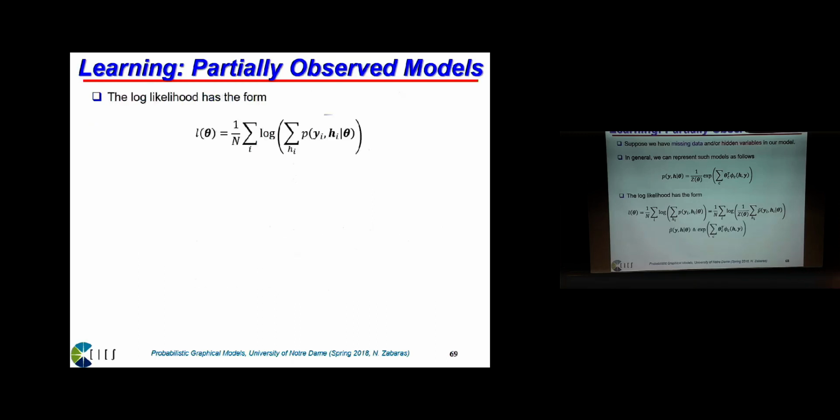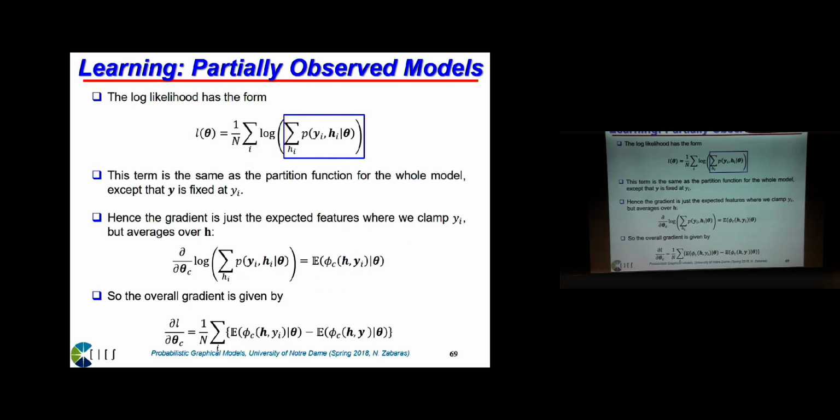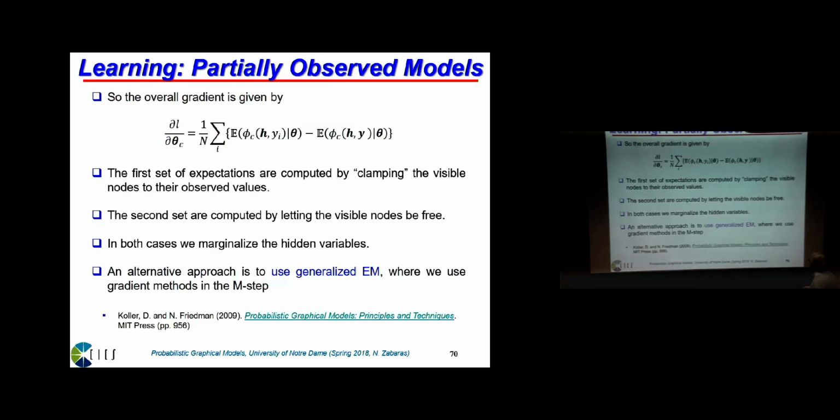I'm going to give you the answer, and then we'll come back to it at the end of the day. The answer is that the gradient with respect to the parameters theta c has a summation in the hidden variables, so you integrate those out, and it's the difference of two expectations. One is under the empirical distribution of y, and the other is the actual moment.